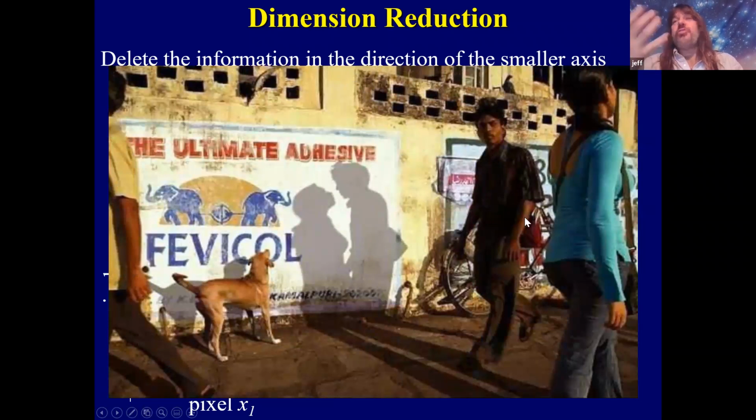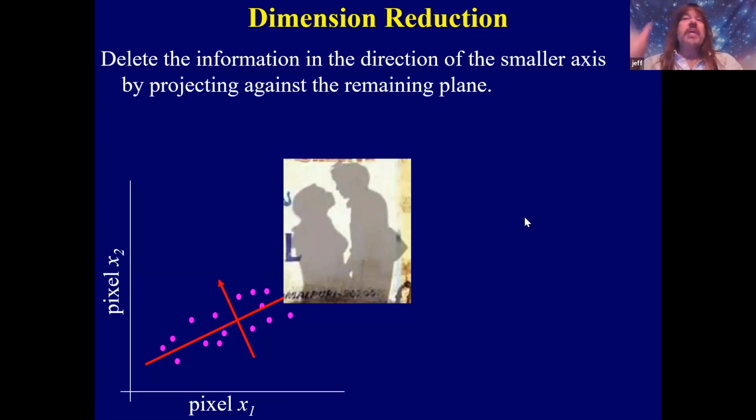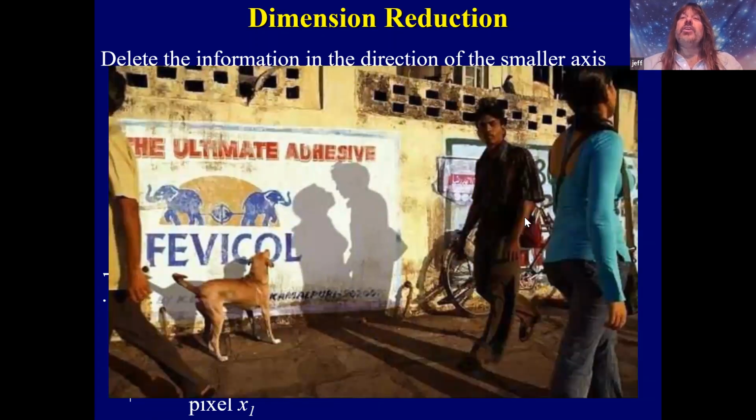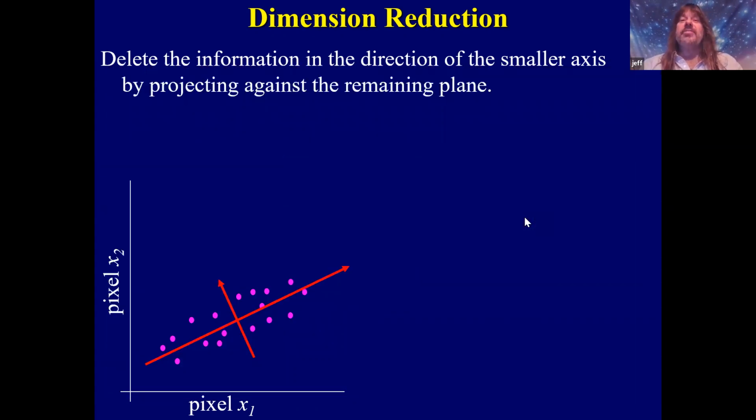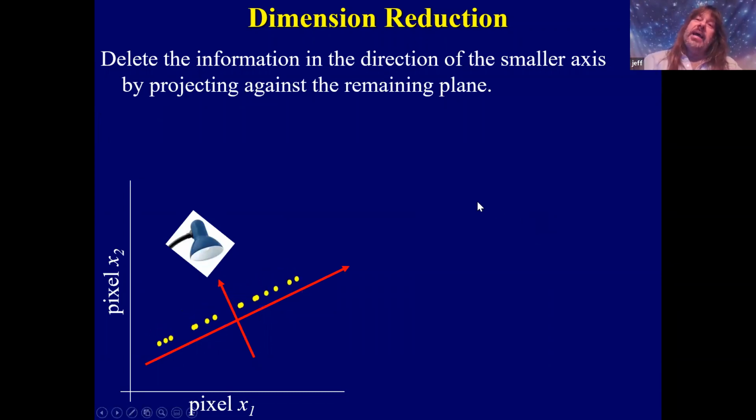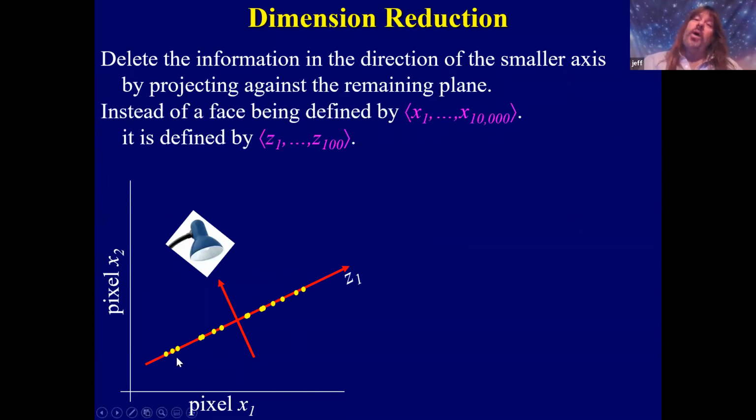It's a three-dimensional image which gets projected down to 2 dimensions, and clearly you lose some information in the process. What we're doing is kind of like shining a light down, and all these points get projected down to a lower dimension. And then what are our new numbers? Well, we can say where the point is located along this new axis, right? So it's a rotation of the data.